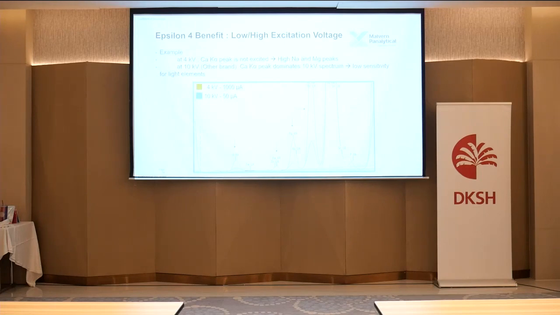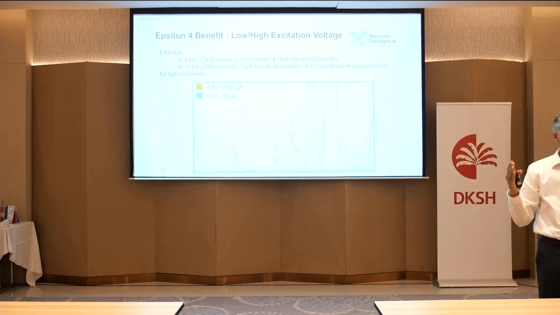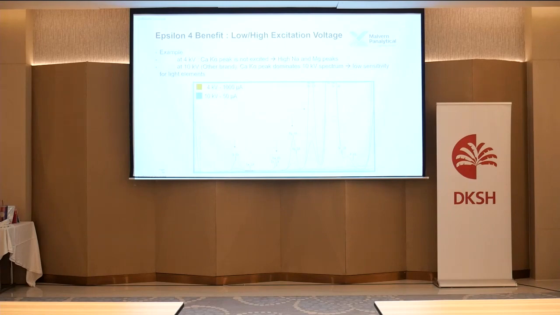For example, with sodium, magnesium, oxygen, you have more signal coming when you are using 4 kV. But for the higher Z elements, for example phosphorus, 10 kV excitation is better. In the Epsilon 4, you can switch between different voltages. So you can use 4 kV, then 10 kV or higher kV, depending on what elements you are analyzing. And you can have good sensitivity to the low Z elements as well as high Z elements.